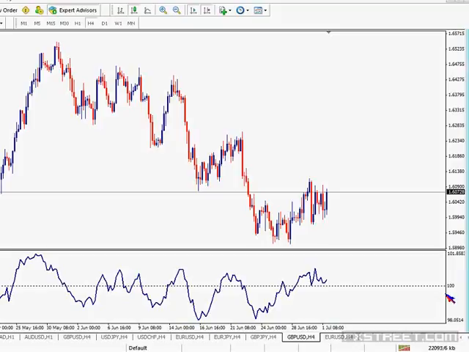As you see, the momentum is graphically represented with that blue line that oscillates around the 100 level, and it's usually plotted in a small chart below our main chart.